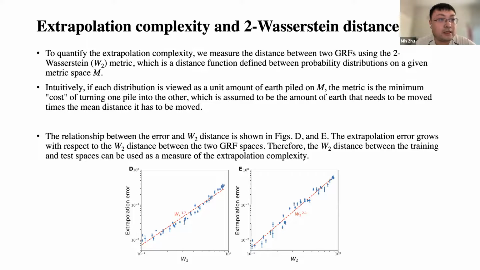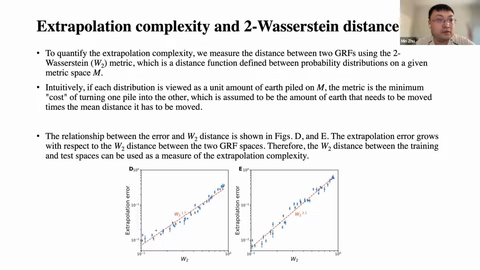And to quantify the extrapolation complexity, we measure the distance between two GRFs using the W2 metric, which is the distance function defined between probability distributions on a given metric space.